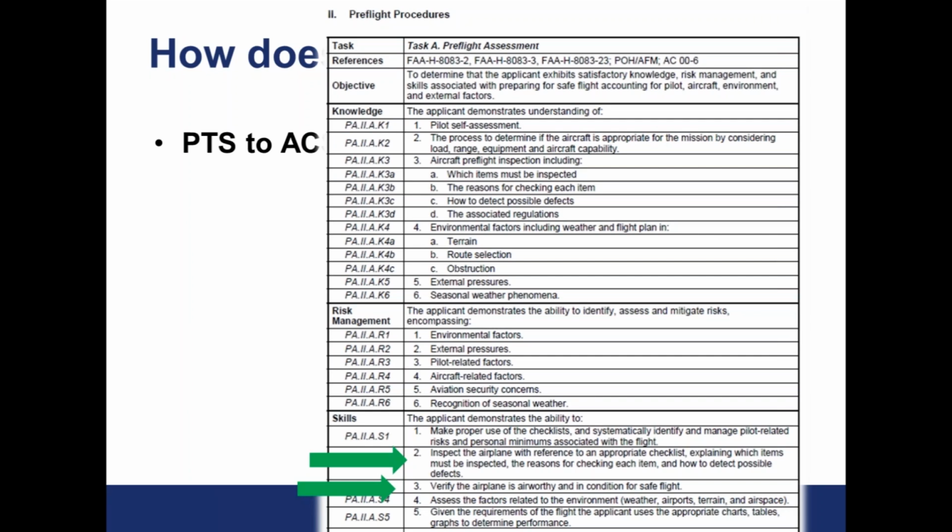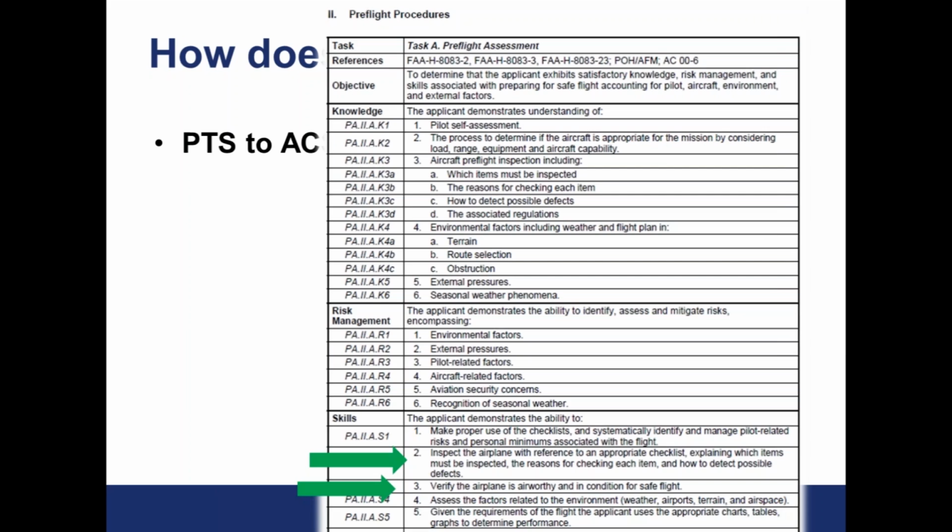If you look at the ACS code, you have K1 through K6 along the left-hand side of the document. Those are knowledge elements, and then you have your risk management elements as well, about the middle of the screen. And then at the bottom of the screen, you have your skill elements, which are like S1 through S6.